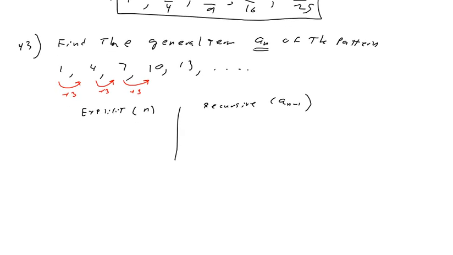So what can we write for a formula that's explicit or that's recursive? We know we add 3 every time. So start with a 1, add 3.